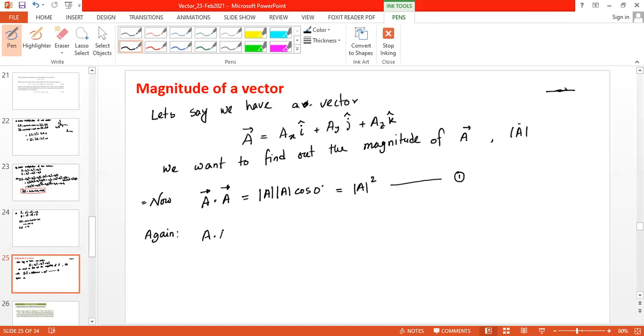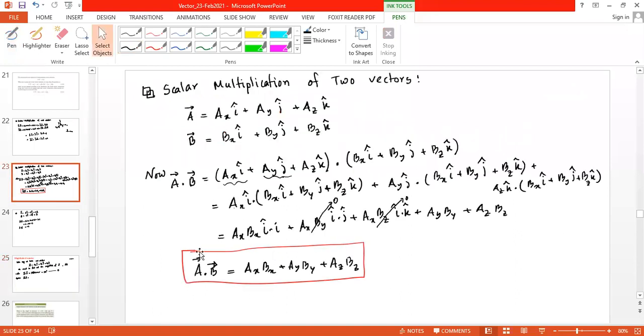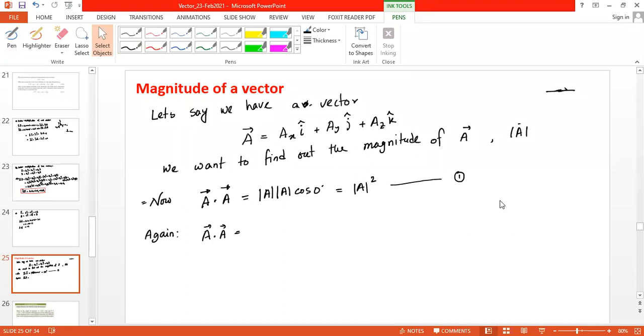A dot A equal to what? Let's use this formula. We know A equals AXi plus AYj plus AZk, and the next A is the same vector, AXi plus AYj plus AZk.